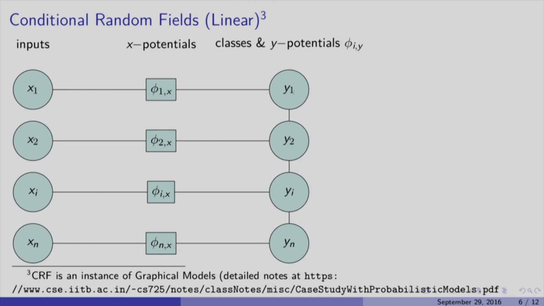We also have phi's which are functions of two successive outputs. So it's phi of y1 comma y2, similarly phi of y2 comma y3, and so on. As an example, you do not expect certain part of speech tag sequences to follow certain other parts of speech tag sequences. So you are not expecting an adjective after a noun unless there is some punctuation.